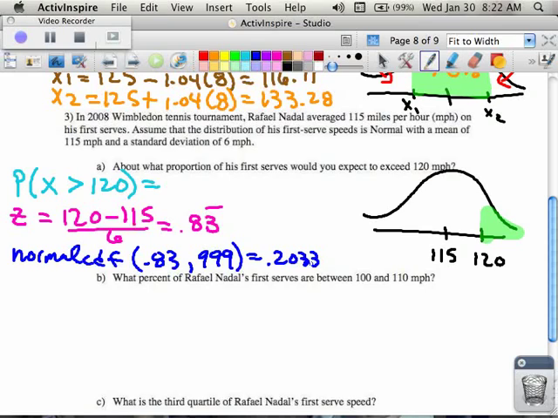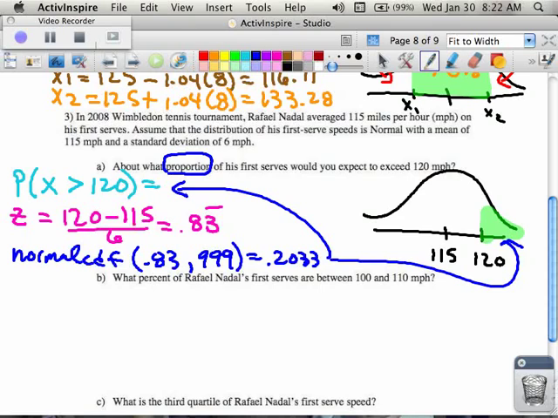And so this is the proportion, because you want to make sure that you're answering with what they're asking, of that value that is being shaded over here and is the answer to the question that they posed. You could answer in a statement, of course. The proportion of first serves that exceed 120 miles per hour is 0.2033.